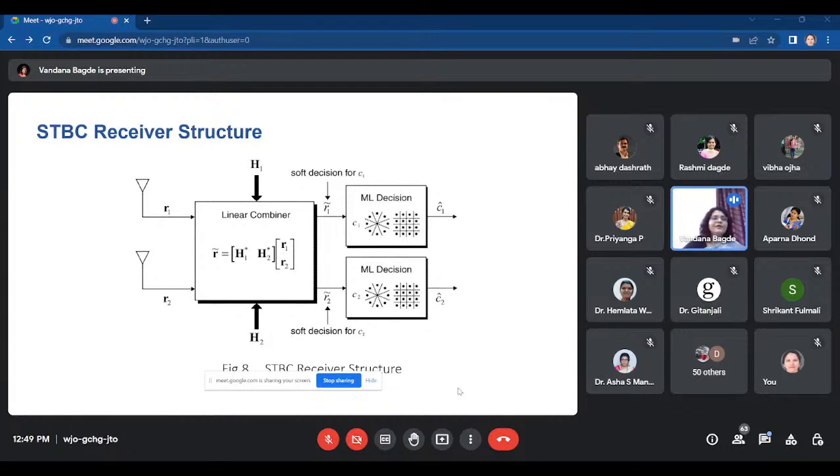So this is the structure of an STBC receiver. Here you can find a maximum likelihood decision. The maximum likelihood decision is based on the number of bits which are recovered. There is a decoding methodology which will give you the information on how the signal travels from one node to another node, then from the next node to the third node, from the third node to the fourth node.